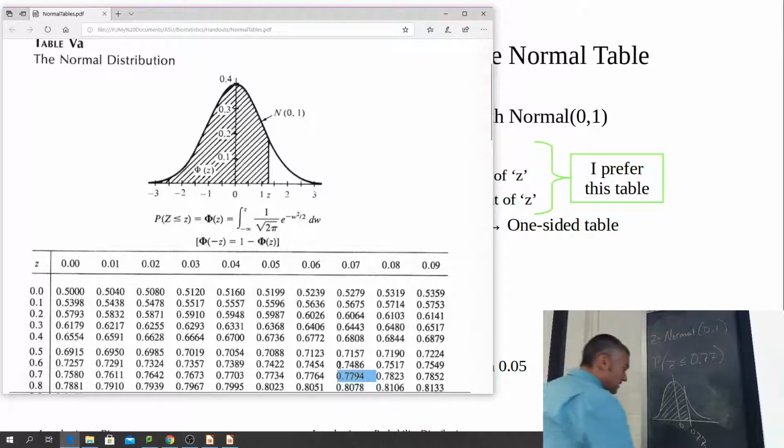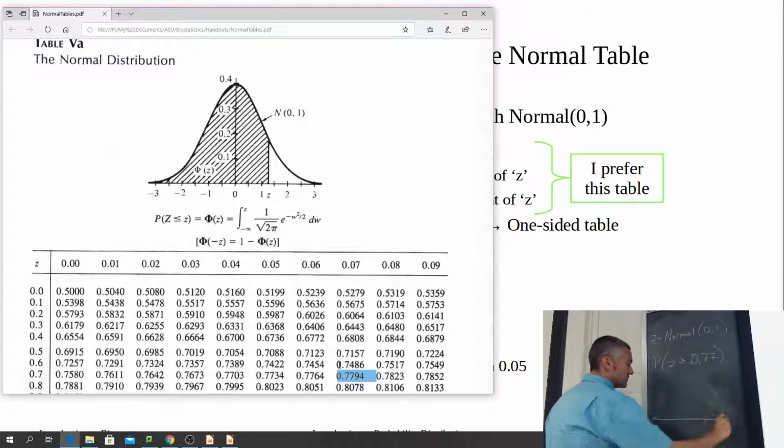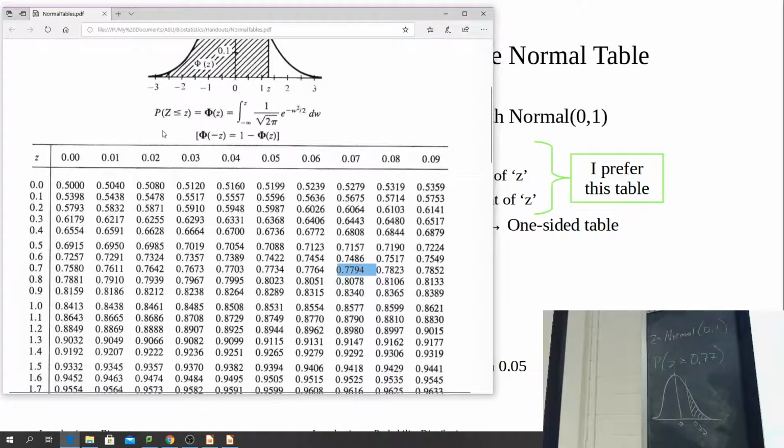What if we ask the flip side? What's the probability that we get a value greater than or equal to 0.77? There's our 0, and 0.77 is at that point. Now we're asking for this area, the tail. The area under the entire curve sums to 1, so we could do 1 minus this value to get our answer.